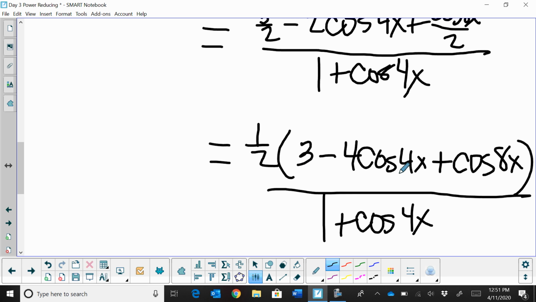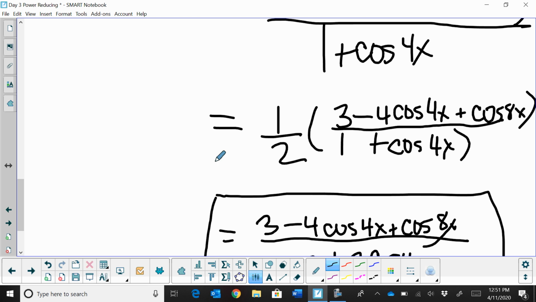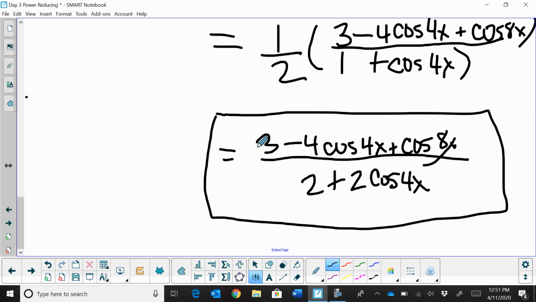Once we factored that out, we brought this 1/2 out in front of the whole fraction, and then distributed the 2 into the bottom, and that's how you get rid of your complex fractions, and boom, there we are, we're done. So there's quite a bit to do on this power reducing, but just take one step at a time, apply your algebra correctly, and you'll have it.